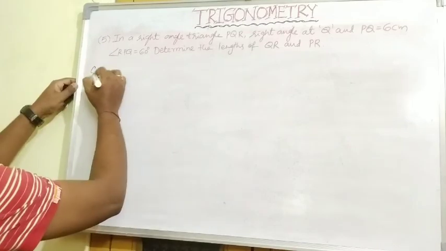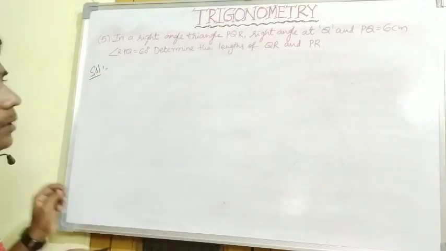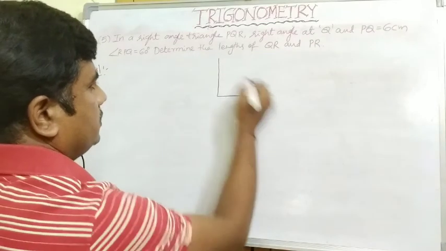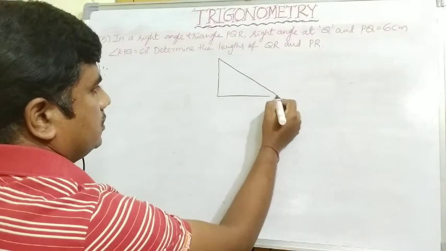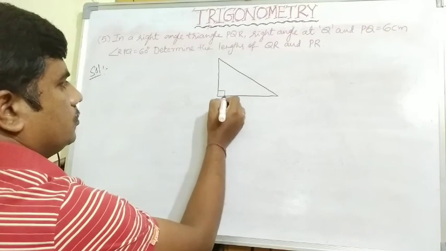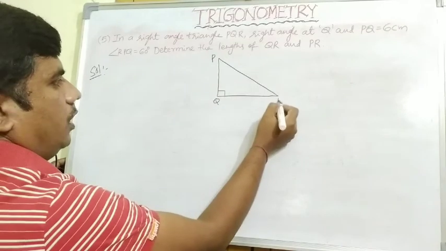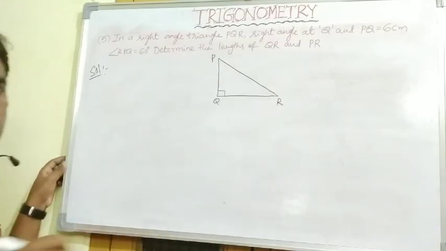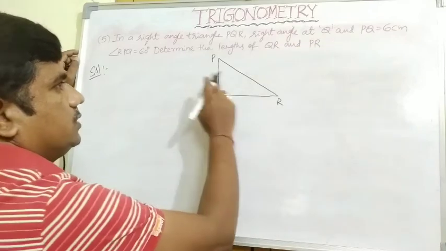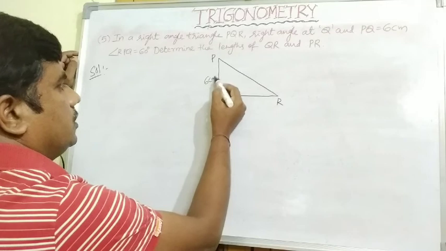So here one right angle triangle is there, named PQR, with the right angle at Q. Next, PQ length is given as 6 centimeters.